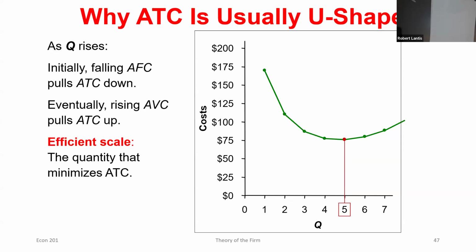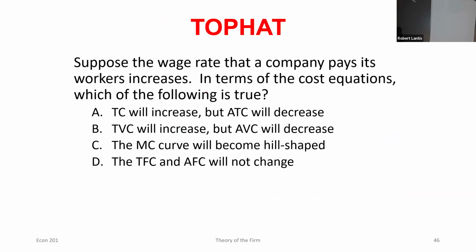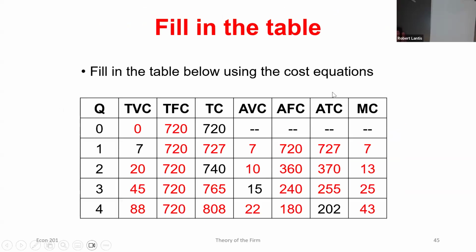Now, we can even think about this in the example we were doing, because it's a little more pronounced. Here, what's happening to my average fixed cost? First, they go down by 5, then 1.6, and then 0.83. They start to go down by less and less, right?